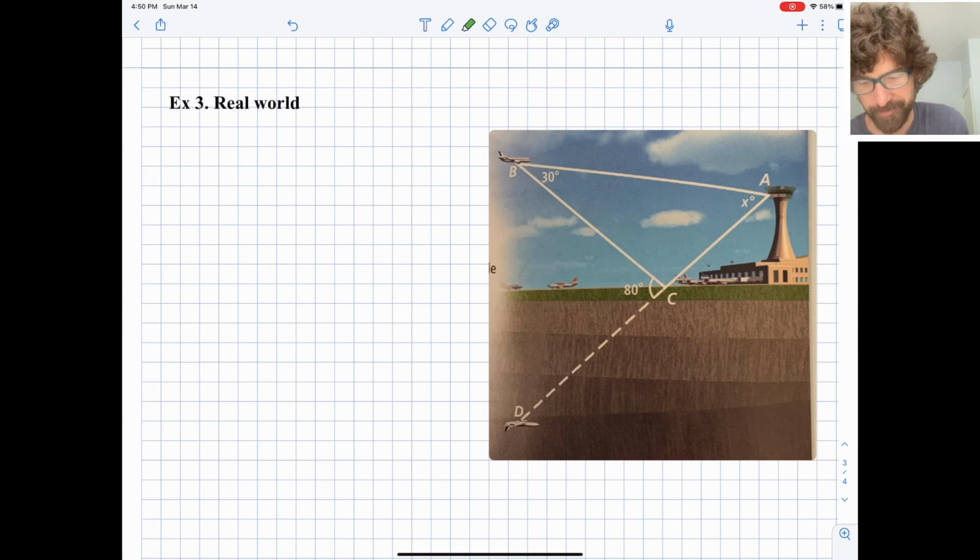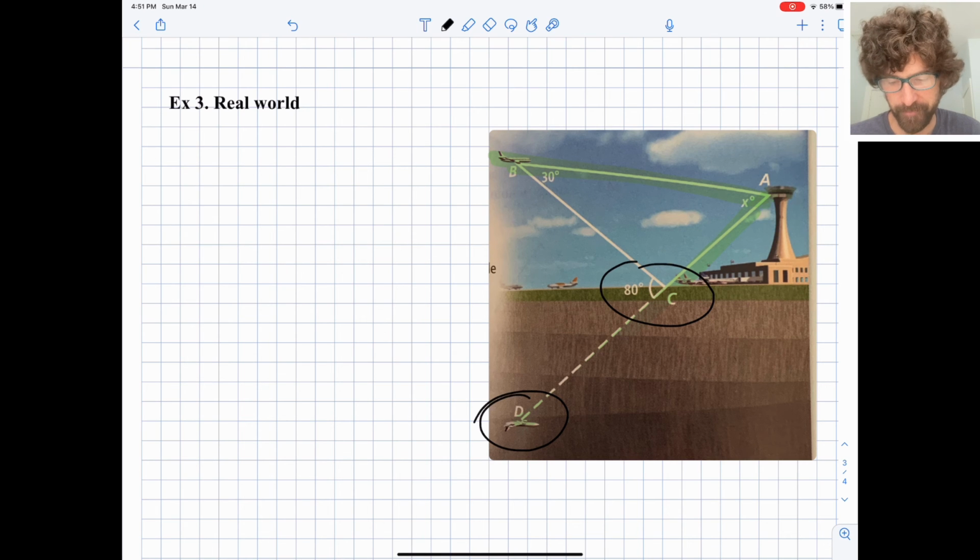So this radar tower is getting a view towards this plane right here, but it's also getting a ghost image of a ghost plane underground, because of reflection off the ground right there. Anyway, we have a radar receiver at point A.